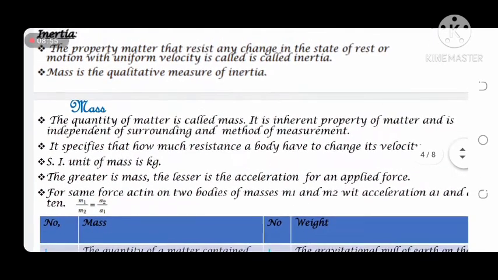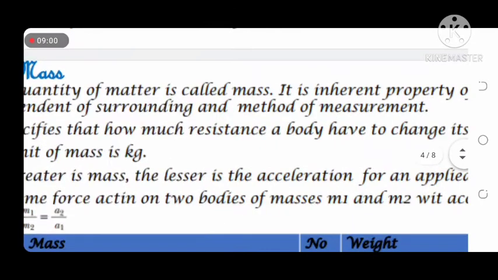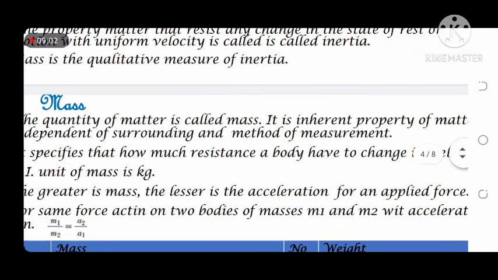What is the mass? The quantity of matter is called mass. How much matter is present in the body, that will be its mass. If we want to measure the matter of a body, we are measuring the mass.